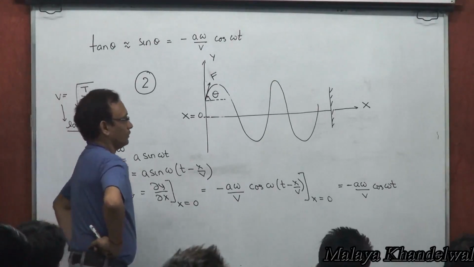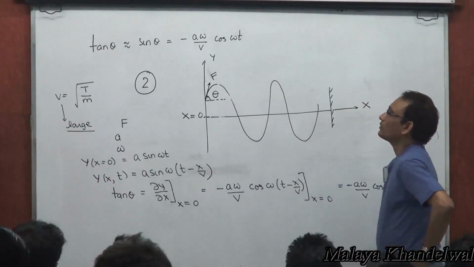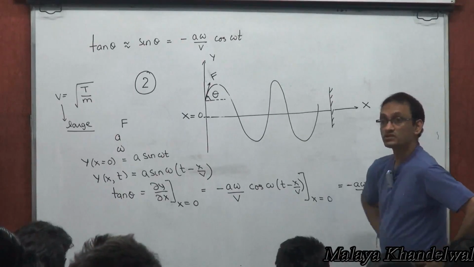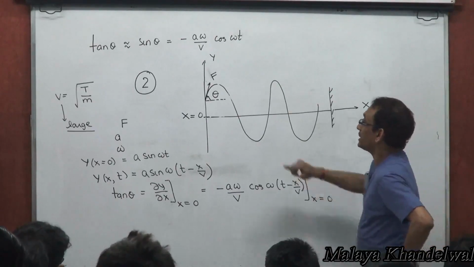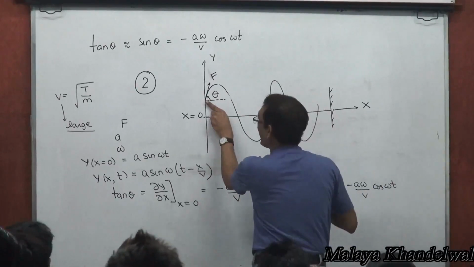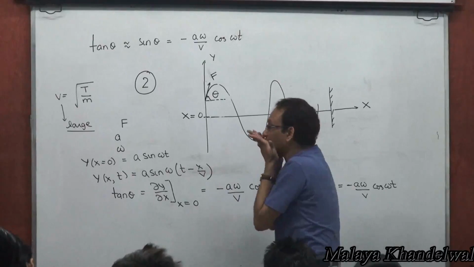Okay. Now, the force exerted in the vertical direction is F sine theta. The force exerted by the string on the block in the upward direction is F sine theta.